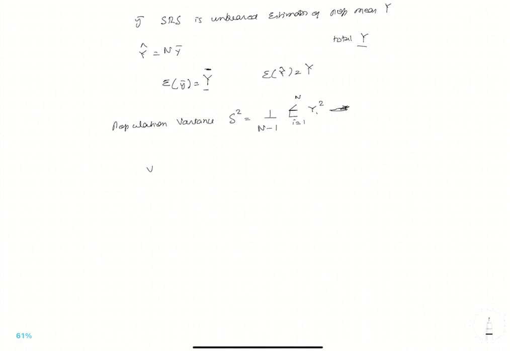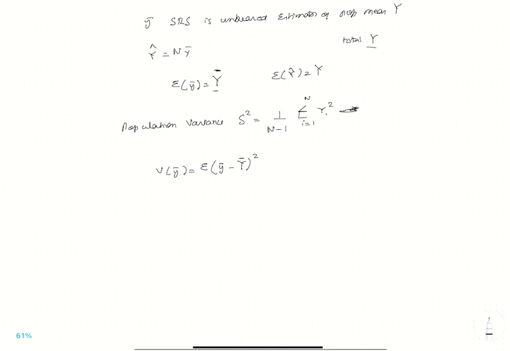The variance of y bar is the expected value of (y bar minus Y bar) square, which is given by S square.